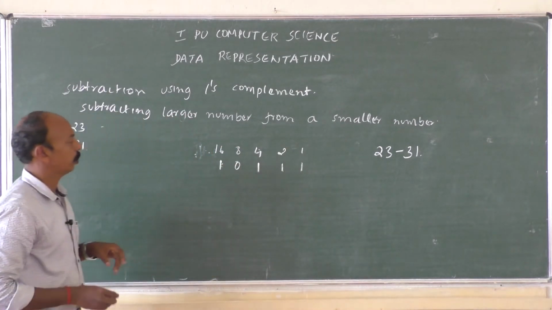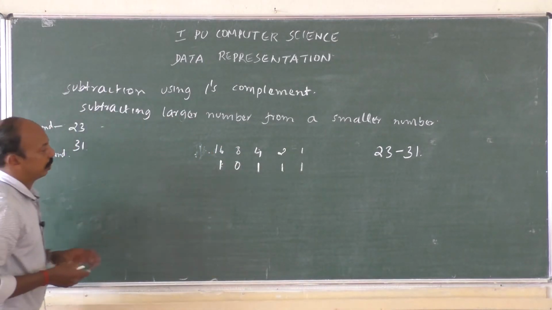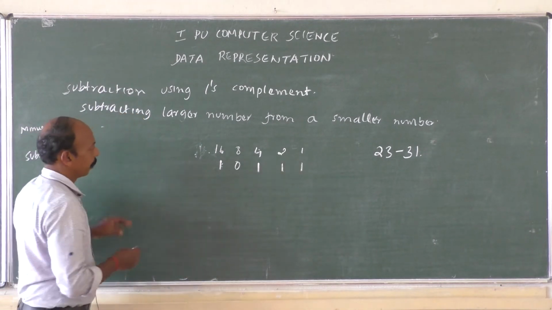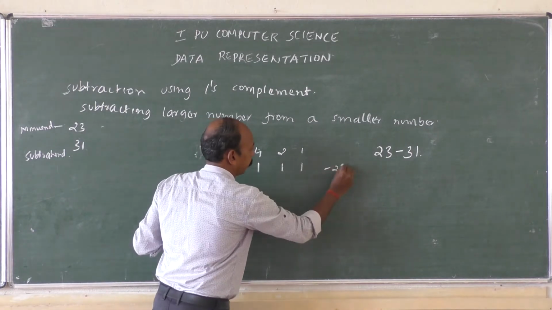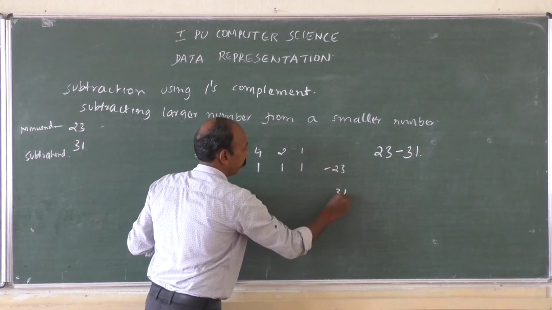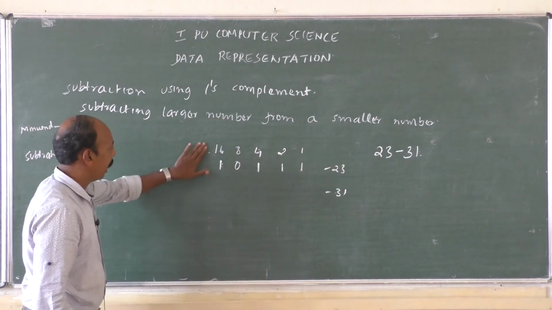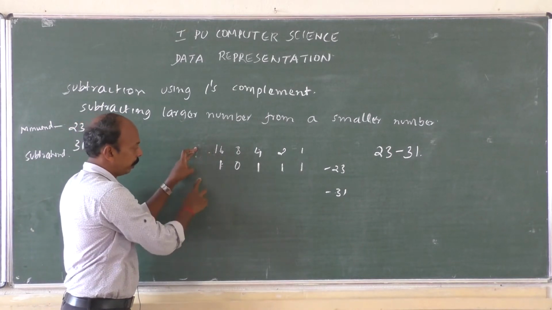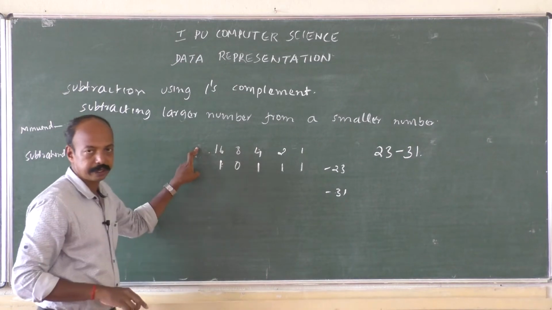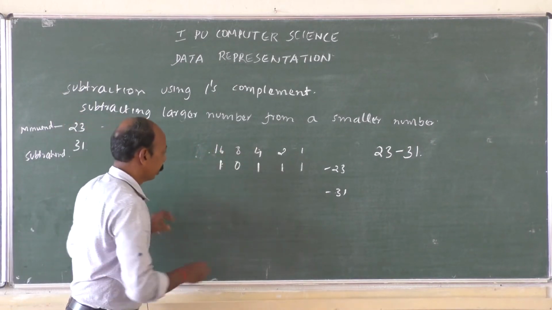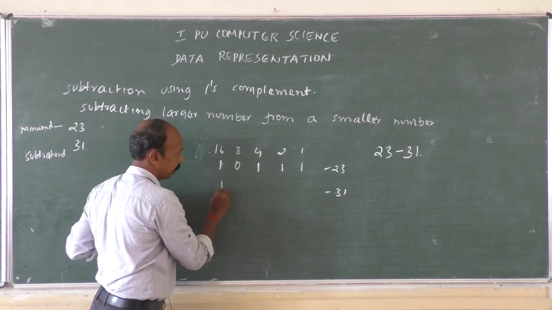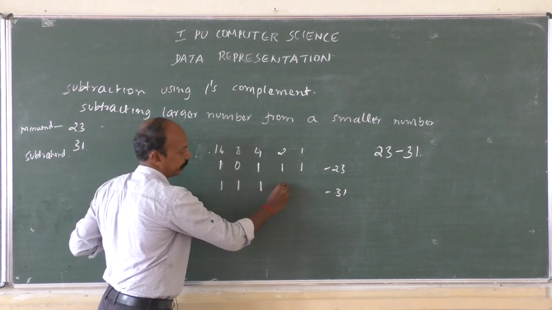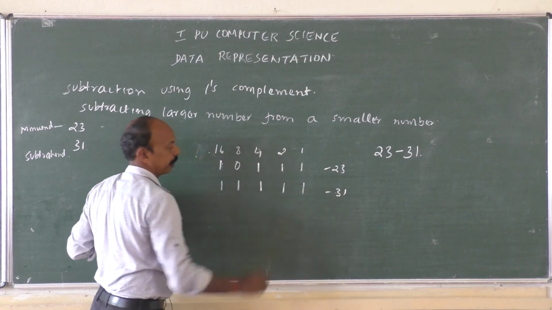So 1, 0, 1, 1, 1. This is 23. Then 31. Suppose we had 32 here, we could have written 1, 0, 0, 0, 0, all those things. But it is 31. So 16, 24, 28, 30, 31.